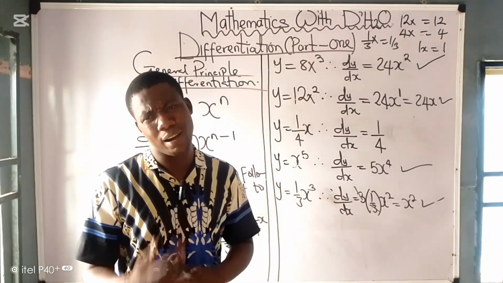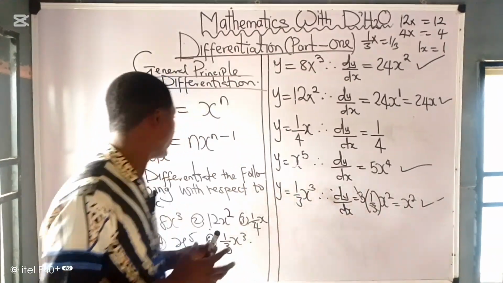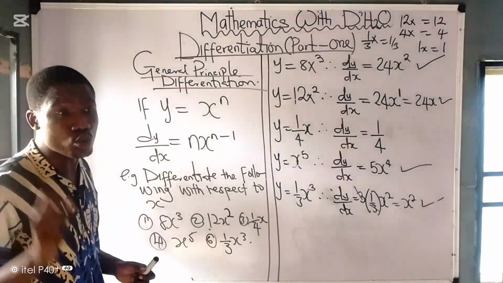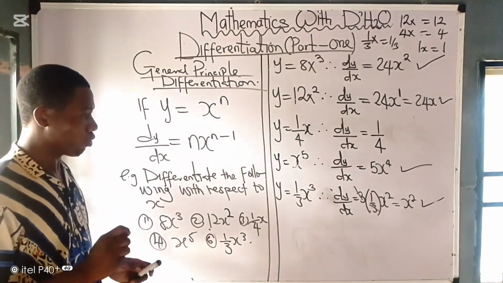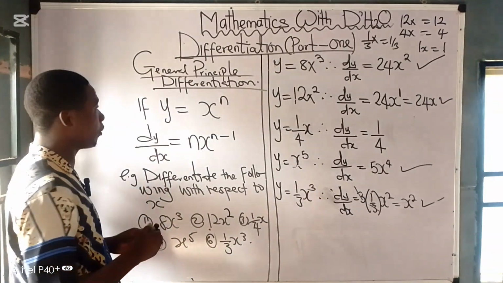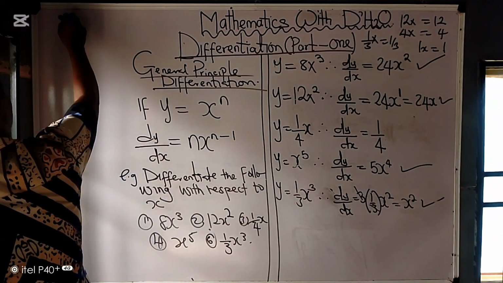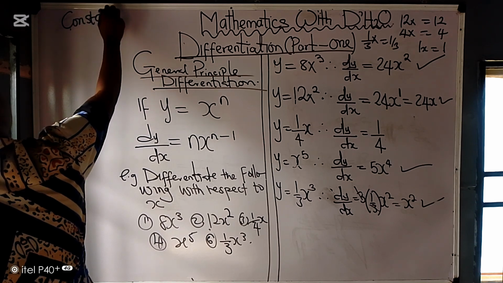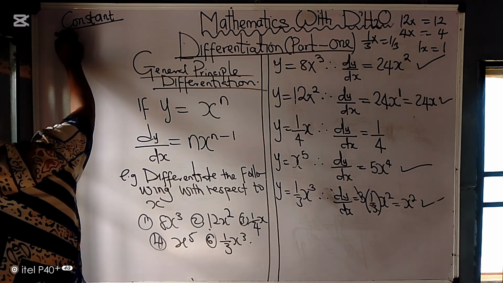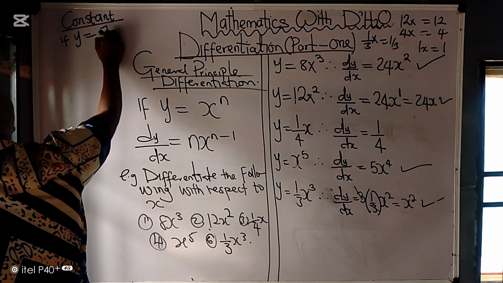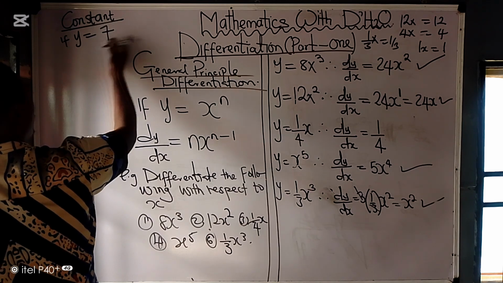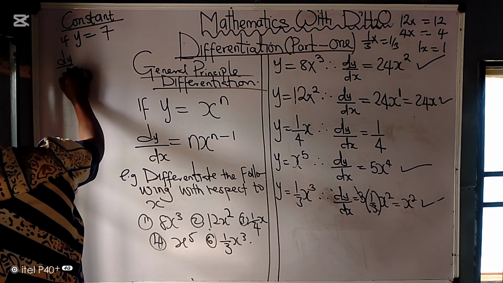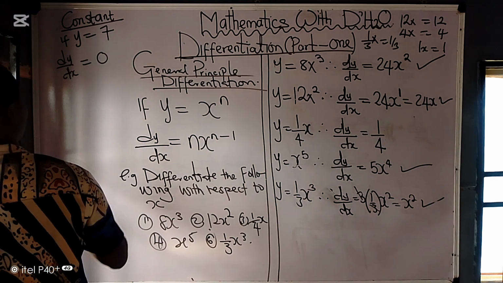Now, what about the derivative of a constant? If I want to differentiate a constant, what is a constant? A constant is a number with no unknown variable. Okay? Let's differentiate the constant. For instance, if y is equal to 7, this is a constant, it has no x, so dy over dx will give us 0.